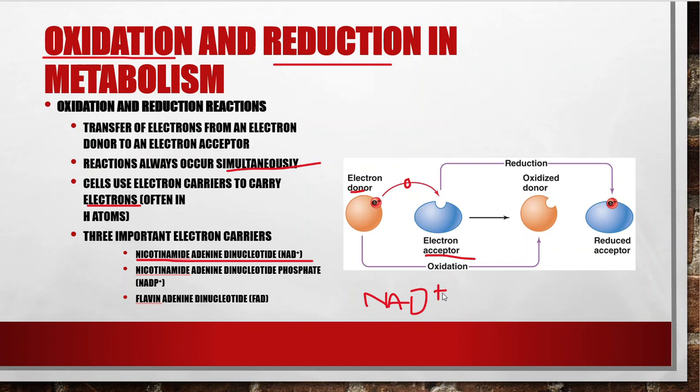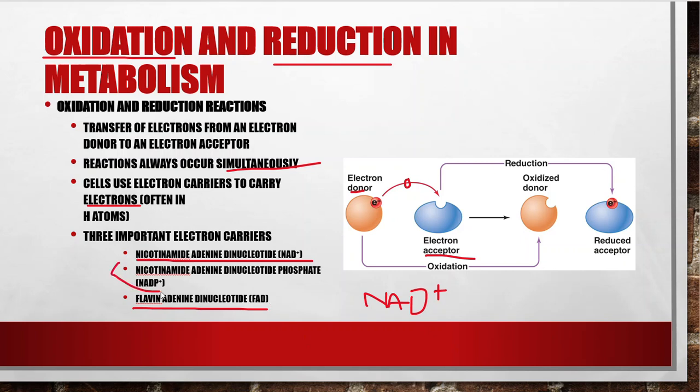Remember, they pick up hydrogens or electrons or even hydrogen atoms from the glucose molecule and carry them over to be processed. We also talked about flavin adenine dinucleotide, FAD.